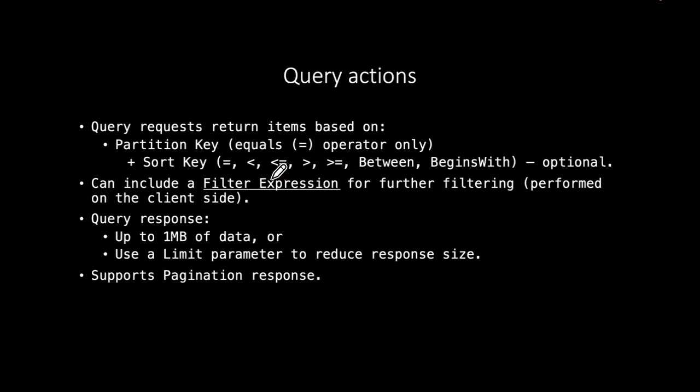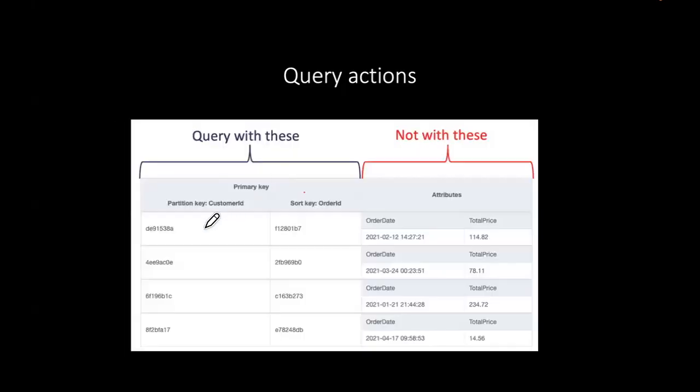Now, the thing though is that the filtering is not carried out by DynamoDB. What DynamoDB will do in that case, so my query again is, I want all orders for customer number 1234 where the amount of the order is greater than 200, is return all of the orders for customer number 1234. And on the client side, it will do the filtering.